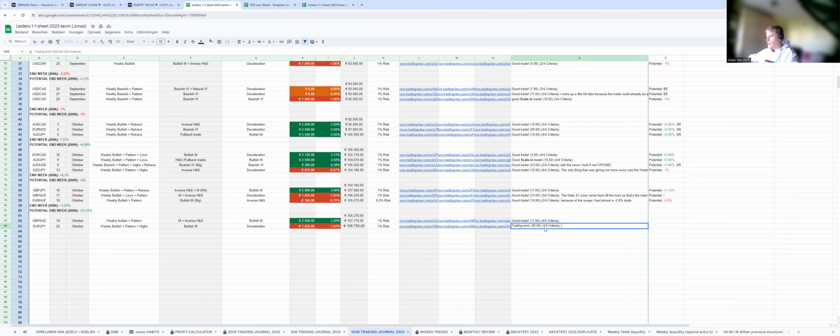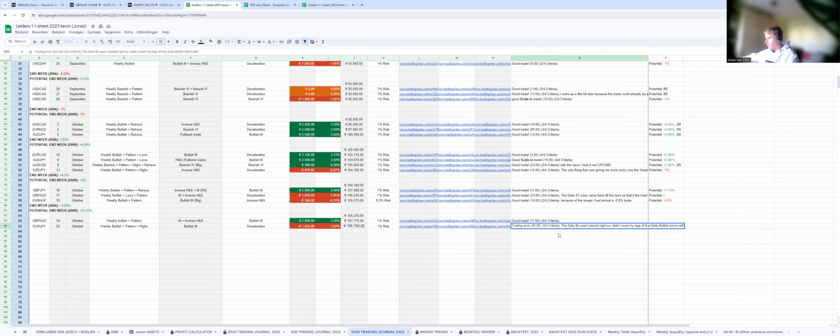And the feedback we could give was here. The daily fib wasn't placed right. I didn't count my legs of that daily bullish trend well.